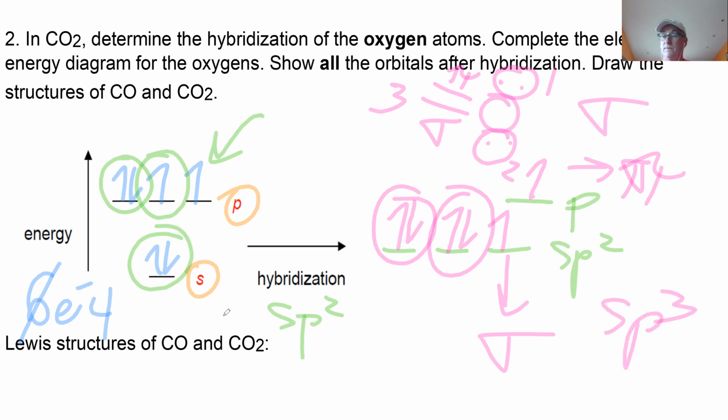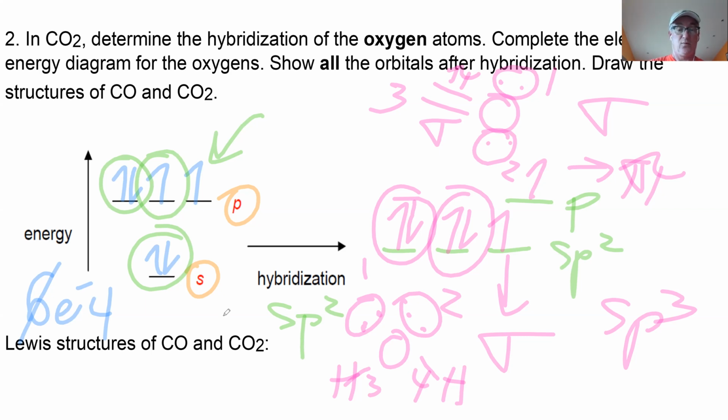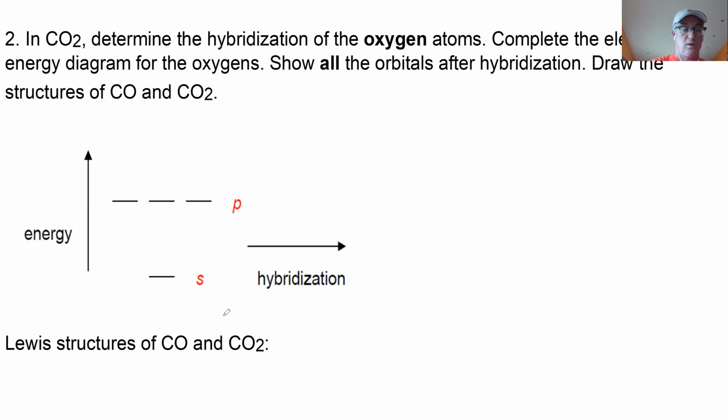Yeah. Like with water. With water, we have 4 regions of electron density. We have this lone pair, that's 1. We have this lone pair, that's 2. We have this single bond, that's 3. And we have that single bond, that's 4. And so in that situation, where's my draw?